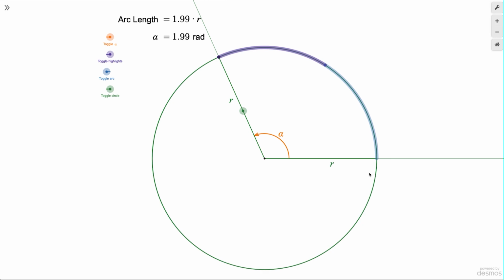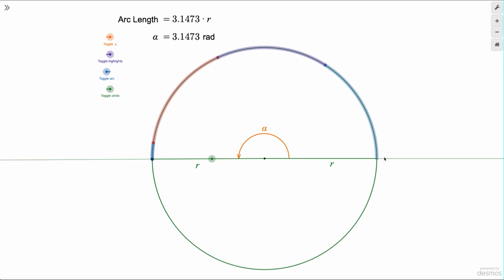Okay, hopefully you paused and thought about this, and you might remember from some past math class that it takes 2 pi radius lengths to go around a circle. In fact, pi is defined to be the number of diameter lengths that go around a circle. A diameter is the distance all the way across, so it would be 2 radii. It takes a little more than 3, so 2 radius lengths would be 1 diameter.